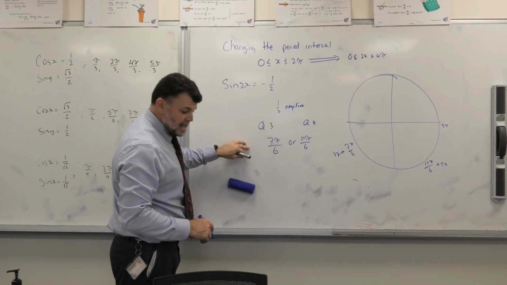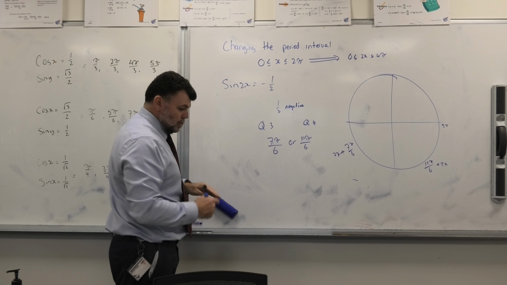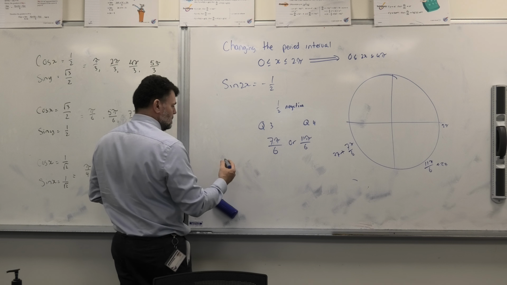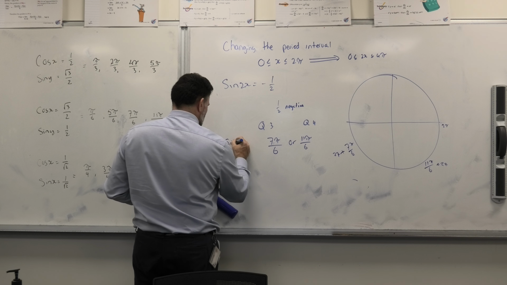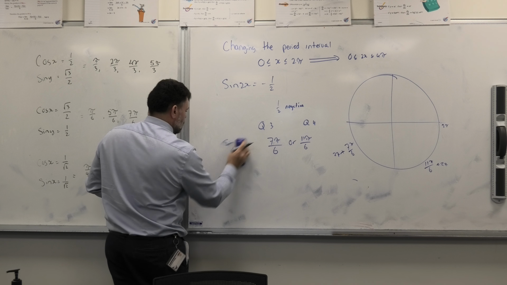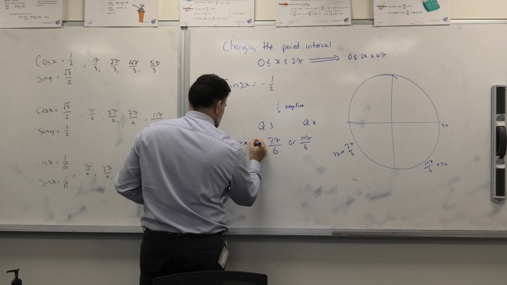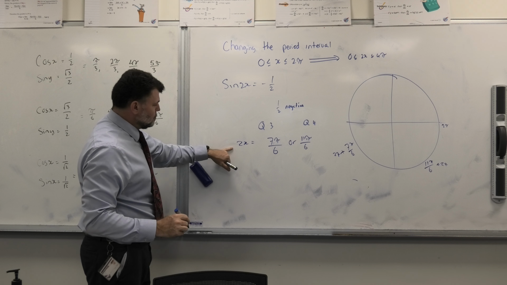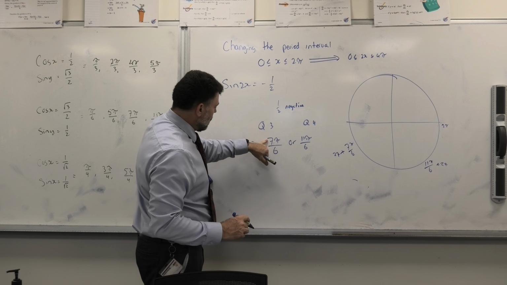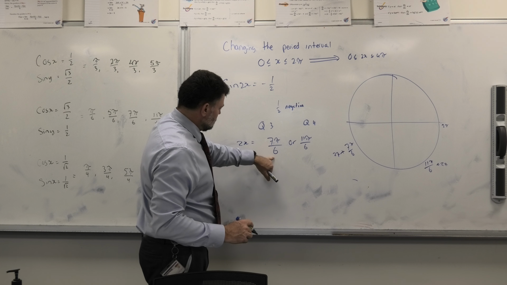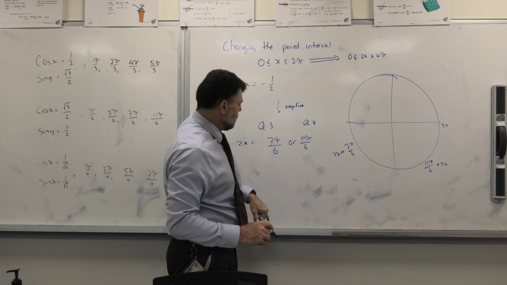So that now leads us to looking at something that looks like this. We've got 2x is equal to 7 pi on 6 or 11 pi on 6.